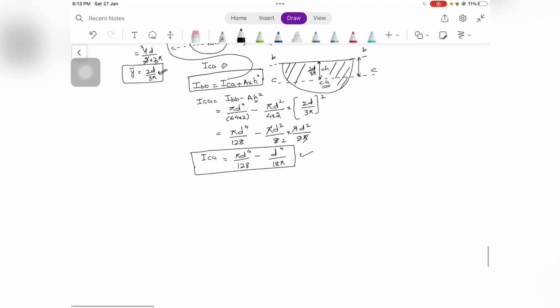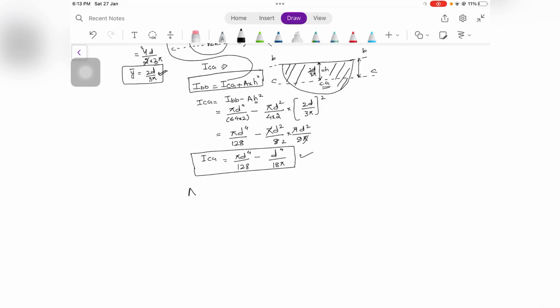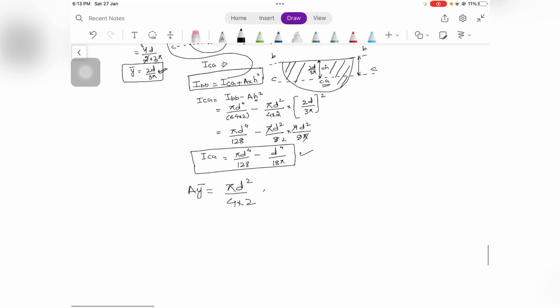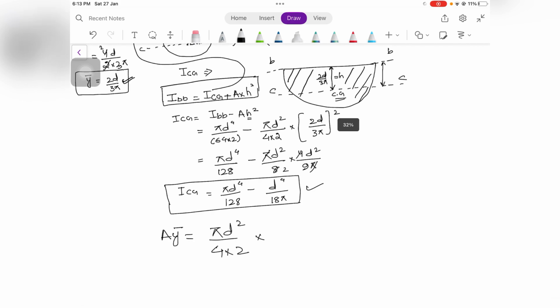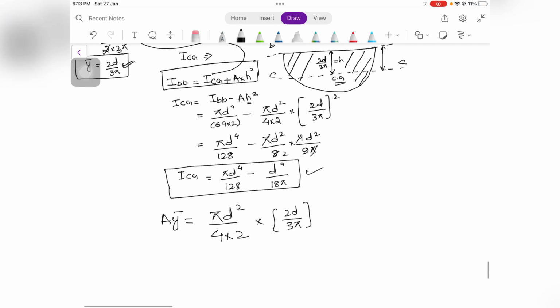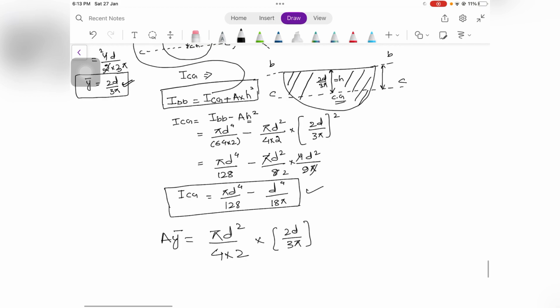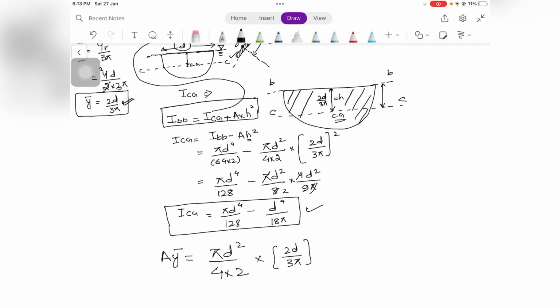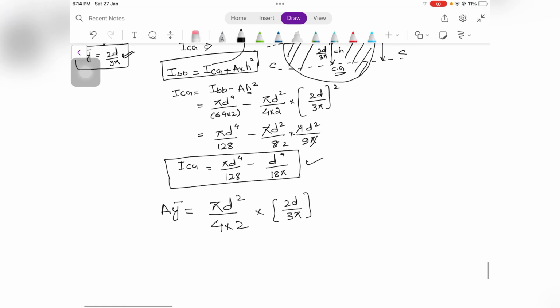ICG. Now we need to find out A times y bar. Now A is the area of the semicircular plate, which is pi d square upon 8, and then we have y bar, which is 2d upon 3 pi, since y bar is the distance between the free surface and the CG of the plate.